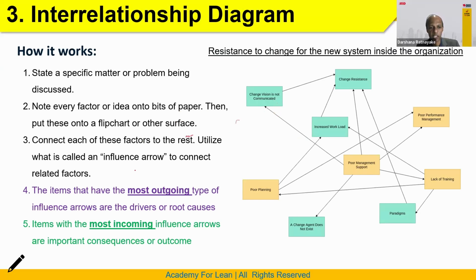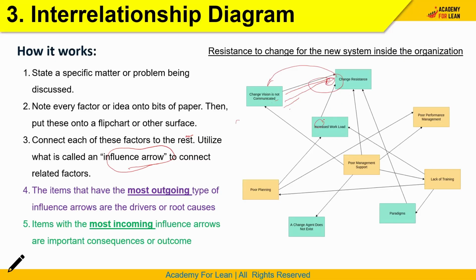After that, we need to draw the influence arrows. Draw the arrows that connect the interrelationship between each and everything. If this is a cause for that, you draw a cause and effect line.